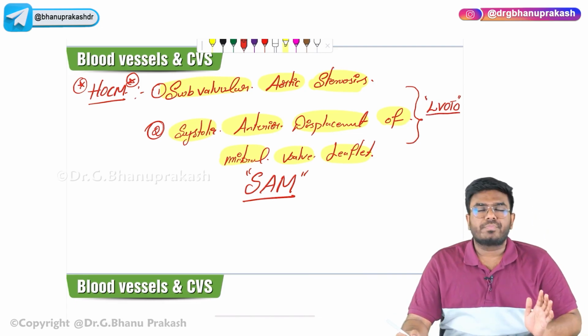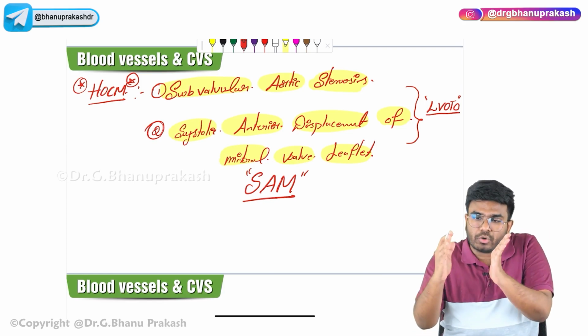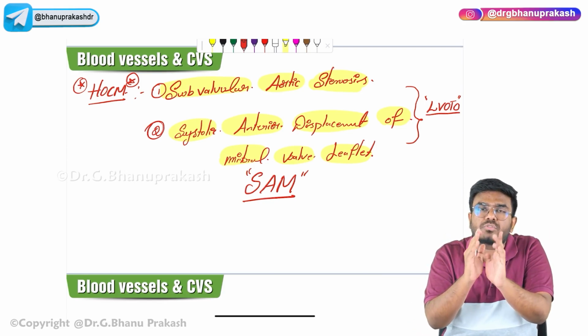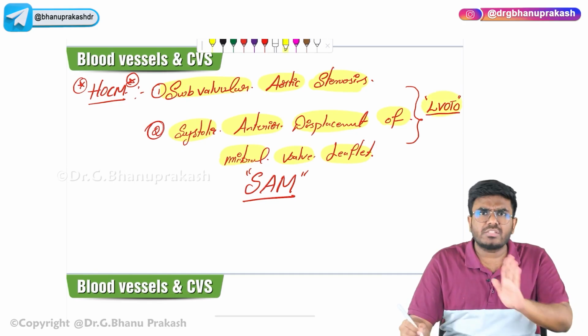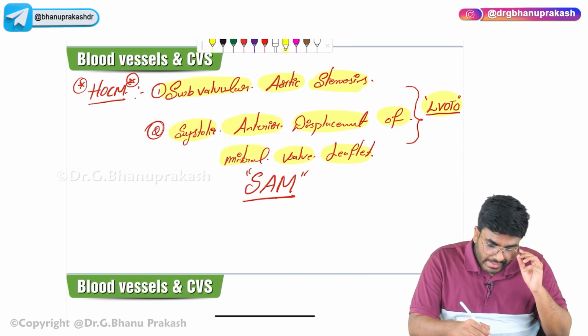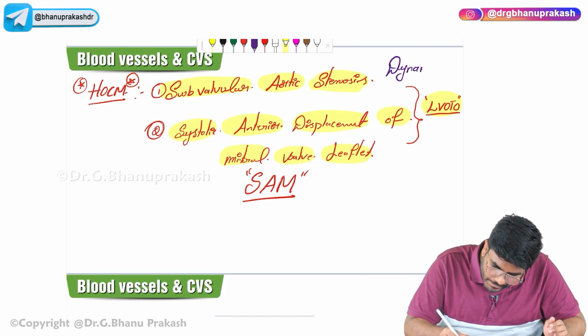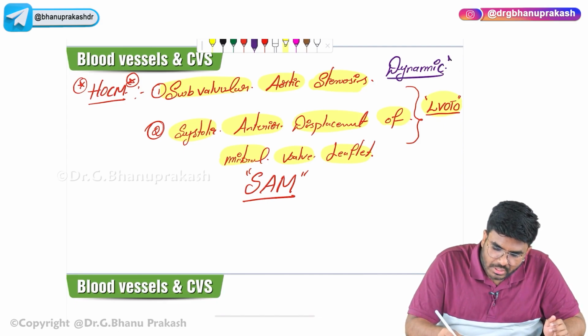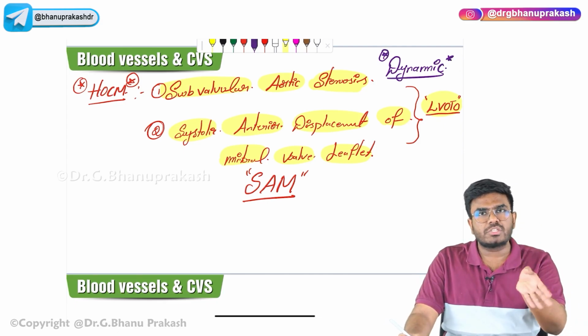Because of the displacement of the mitral valve and because of the asymmetrical septal hypertrophy, the left ventricular outflow tract is going to be greatly narrowed. This type of obstruction is not fixed. It is a dynamic obstruction. For example, if there is aortic stenosis, it's a fixed obstruction, during systole and during diastole.